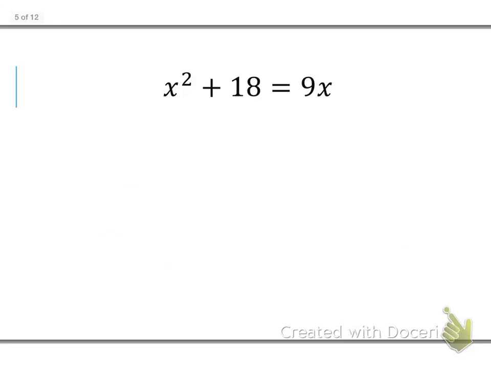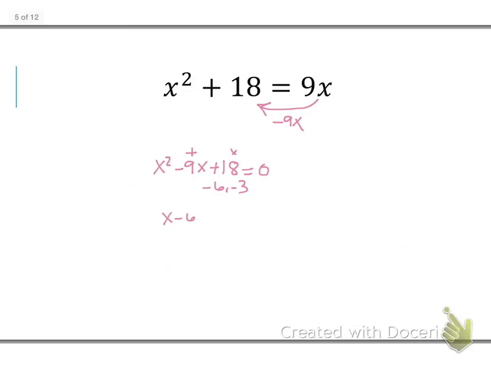Okay, this one I need to get it to be equal to 0 so I can factor it. So I need to move this over here by subtracting it. And then I want to make sure I put it in standard form. So I got x squared minus 9x plus 18 equals 0 to put it in that standard form. So it multiplies to get me 18 but adds to get negative 9. Negative 6 and negative 3 do.